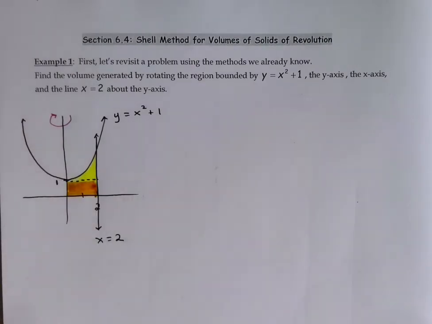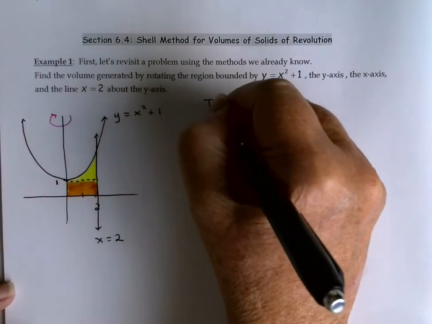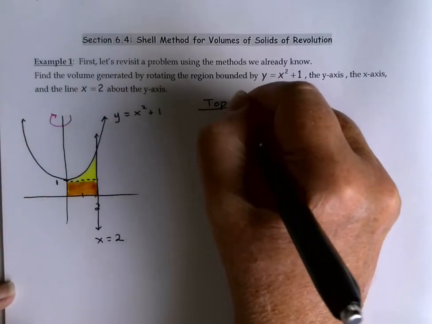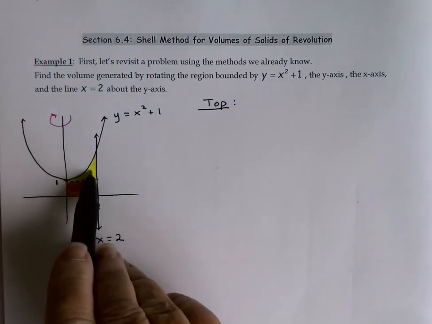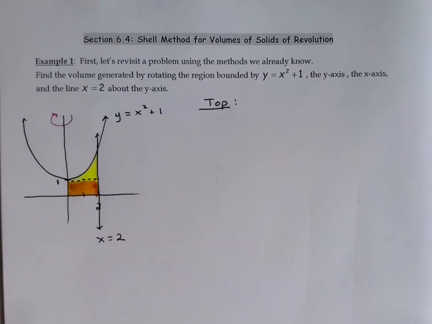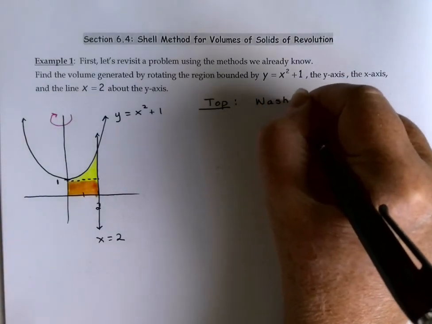All right, let's go ahead and run through this. I'll do the top section first. And for the top section, notice that the region is not sitting right on the axis of rotation. So this is going to be a washer method.